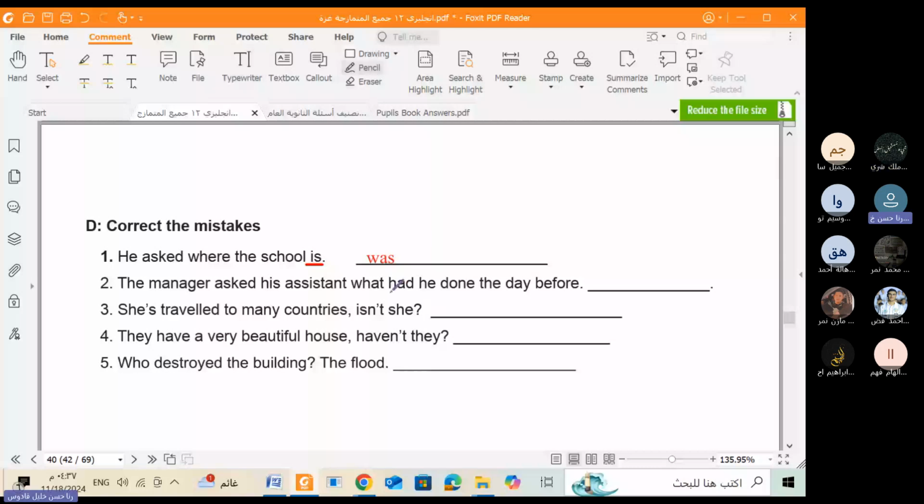We should make the inversion between the helping verb and the subject, because we change it from the form of a question into the form of a statement in the reported speech. So instead of had he, we should say he had. That's right. What about number 3? Ibrahim, please.